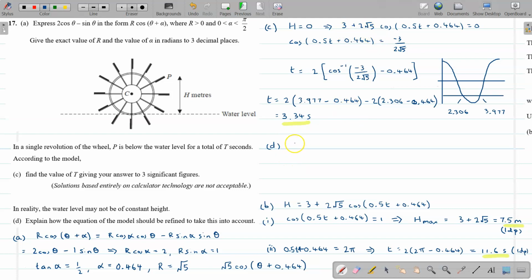So the 3 in the model would need to vary, would need to change, or something like that. Okay, it's only 1 mark, so it just has to be a pertinent statement. And that is the end of that question, and indeed the paper.